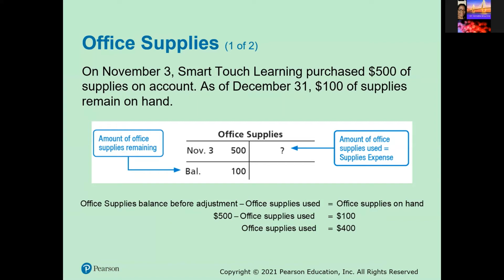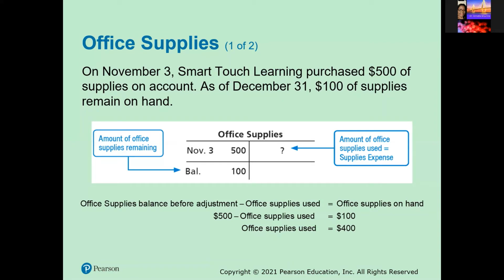The December 31st unadjusted trial balance for Smart Touch Learning shows a balance in office supplies of $500. That's the unadjusted trial balance on December 31st. This represents the amount of office supplies that were purchased earlier in the period.